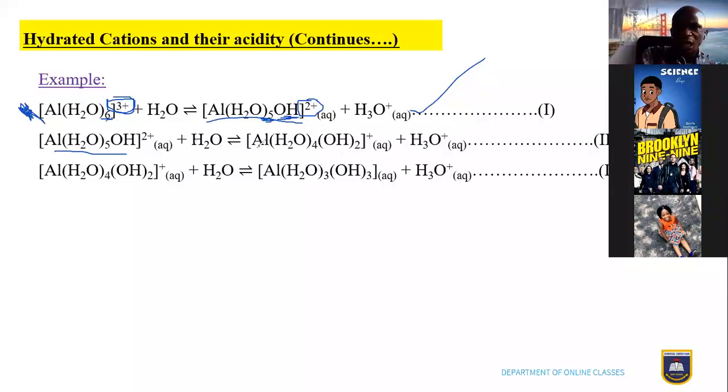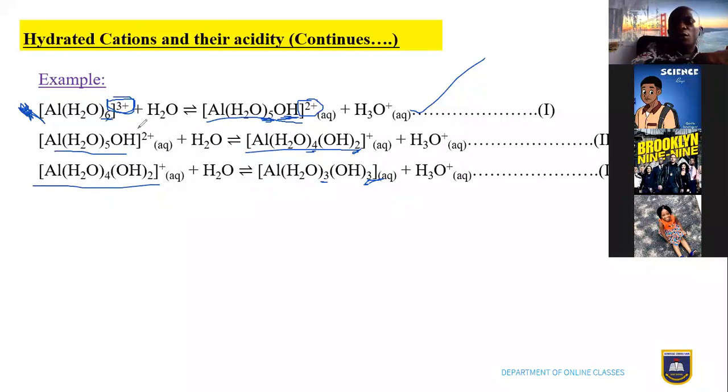Five moles of water become 4 moles of water, the hydroxide increases to 2, and the charge reduces by another 1. In the third equation, this product becomes a reactant now. Four moles of water become 3, hydroxide ion increases to 3 moles, and this time the charge vanishes completely.